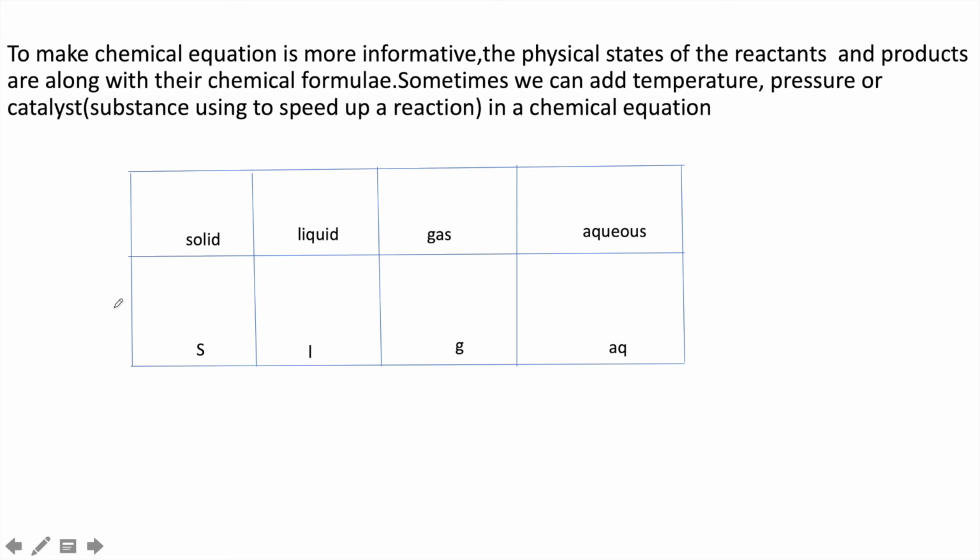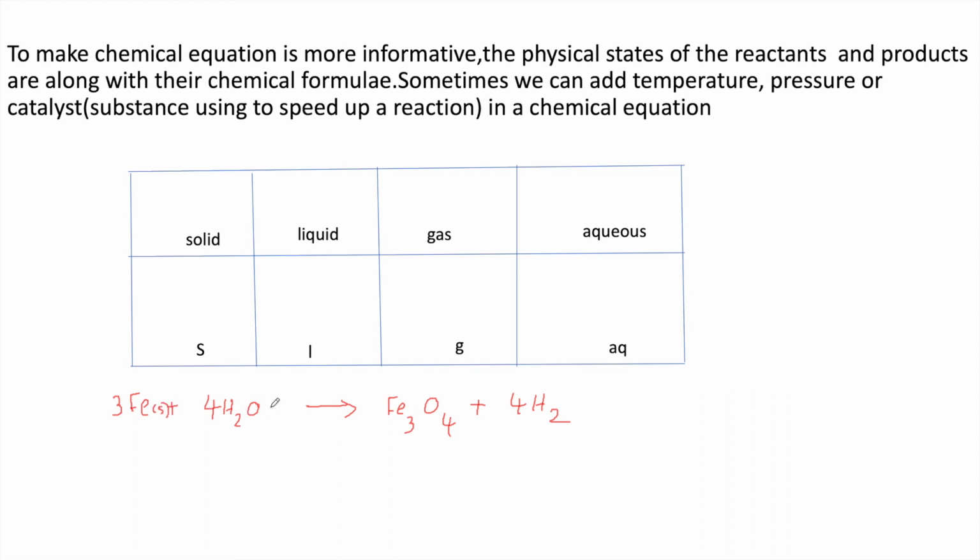I am writing the previous example of iron. 3Fe plus 4H2O gives Fe3O4 plus 4H2. Okay. Here iron, it's in a solid state.